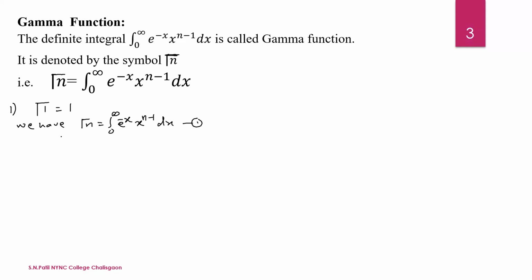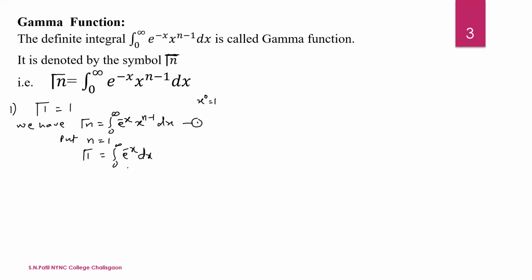Now substitute n equal to 1. That is, gamma 1 is equal to the integration from 0 to infinity of e to the power minus x and x to the power 1 minus 1, that is x to the power 0. x to the power 0 is 1.